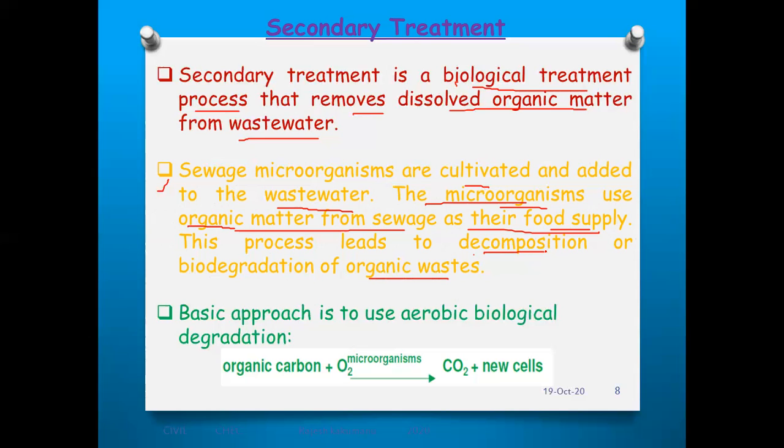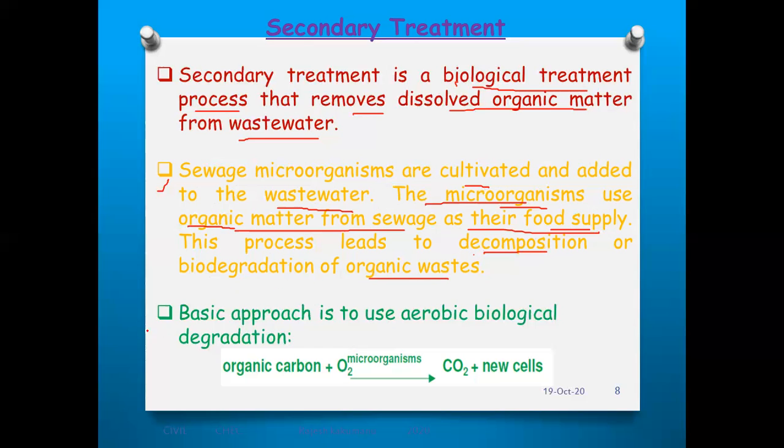In this sewage water, microorganisms are cultivated and added to the wastewater. Then these microorganisms, in order to survive and get their food, will depend on this organic matter. This process leads to decomposition of the organic waste. This process is known as decomposition or biodegradation of the organic waste.